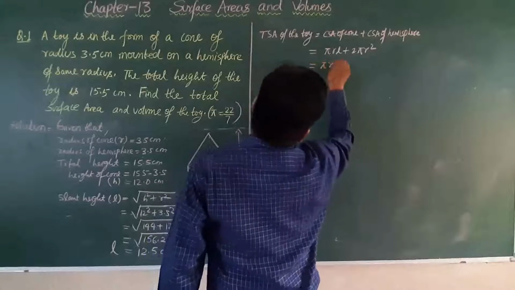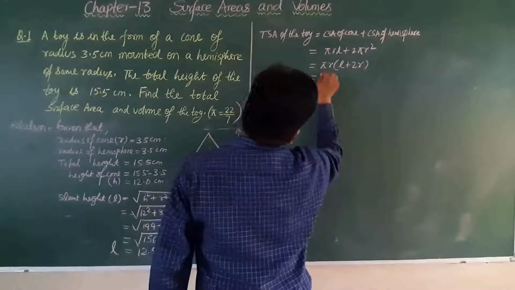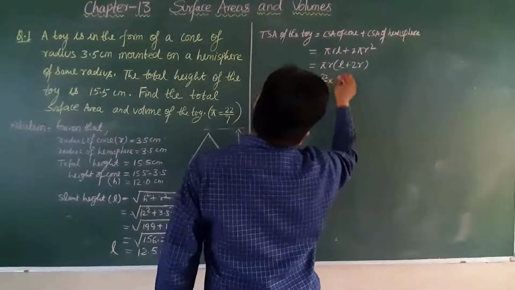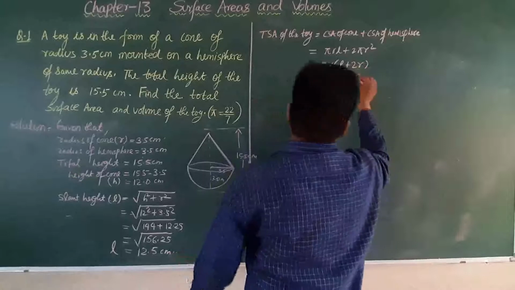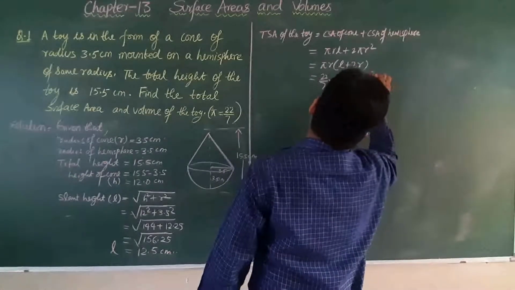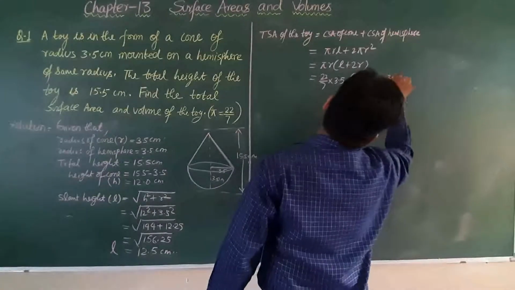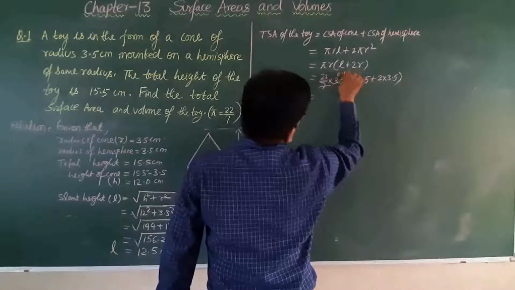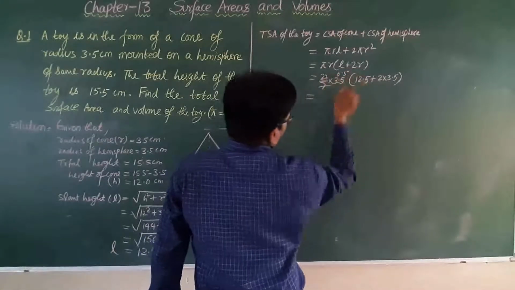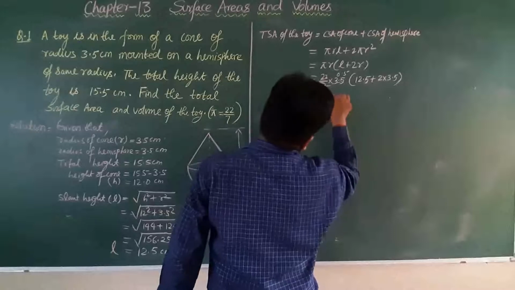Taking pi r common, it is pi r (L plus 2r). Putting in the values, pi is 22/7, r is 3.5, and L is 12.5, plus 2 into 3.5. Cancelling 7 with 3.5 gives 0.5, then 22 times 0.5 gives 11.